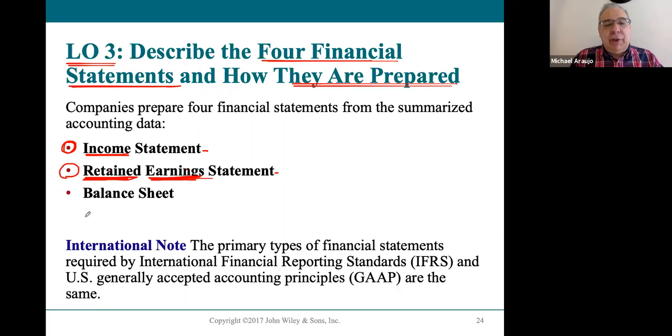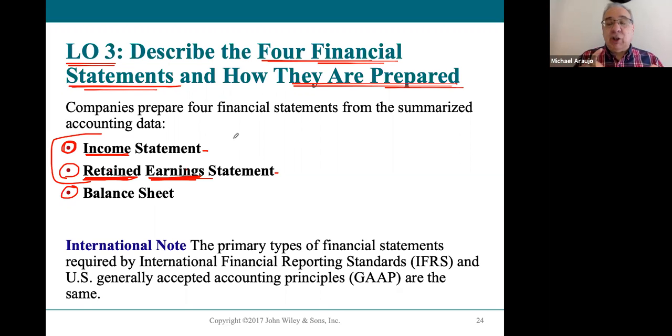Okay. The third very important financial statement that you're going to be not just learning about, but actually preparing is something called a balance sheet. And the balance sheet, unlike the income statement and the retained earnings statement, which actually show what happened over a period of time, like a month or a quarter or a year, the balance sheet is simply a selfie of the day's financial position of the company.